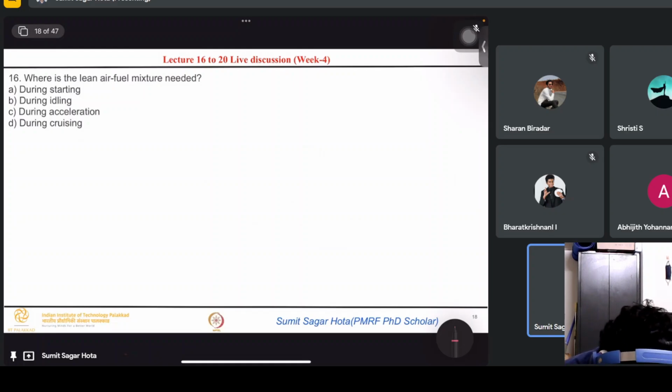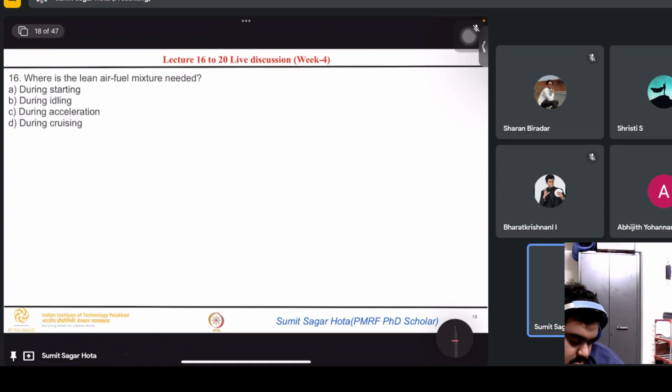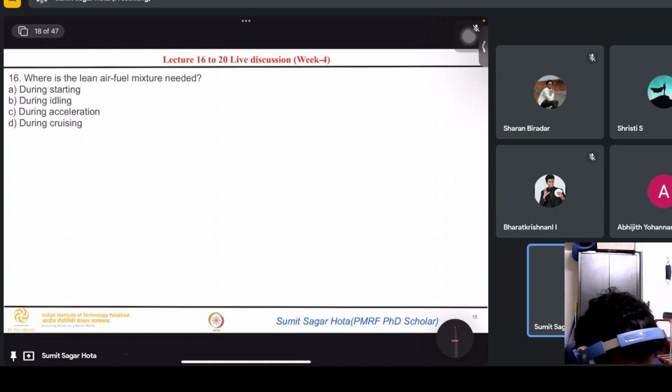Now, where is the lean air fuel mixture needed? In which condition do we need the lean air fuel mixture? Starting, no, we need the rich air fuel mixture, because I told you choke is required. During acceleration also a high amount of fuel is required.